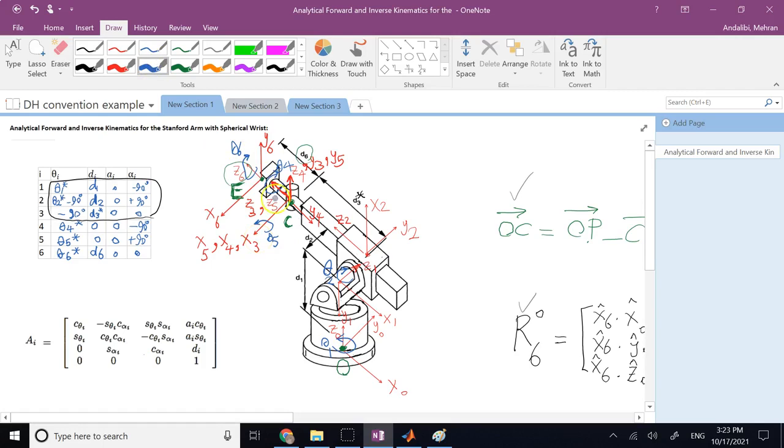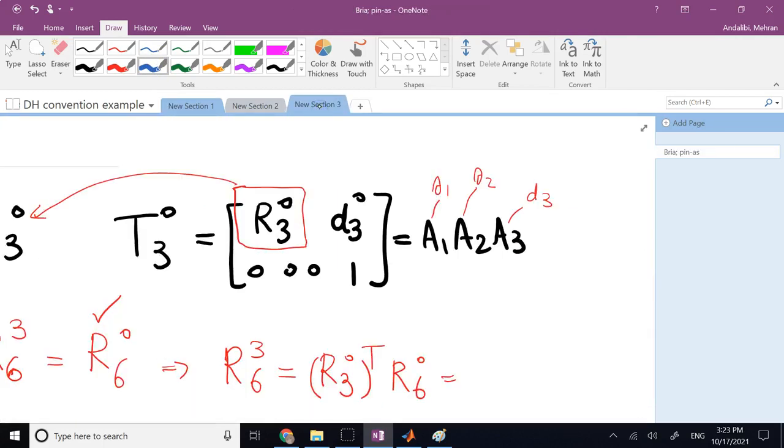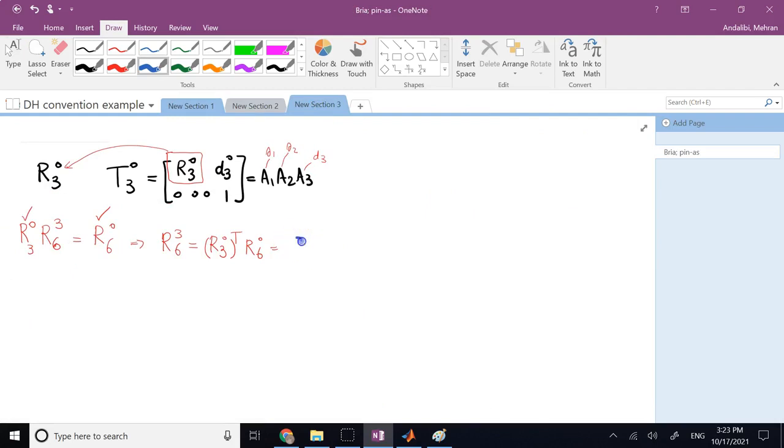And therefore, the orientation of frame 6 with respect to 3 is only a function of these last 3 joint variables. So it is another function like g of what? Theta 4, theta 5, and theta 6. Therefore, if I know that function, once I have this matrix, I could solve for theta 4, 5, and 6.